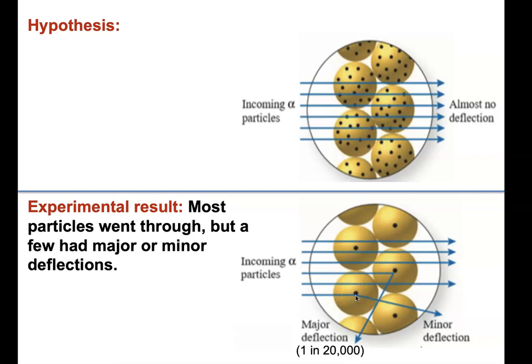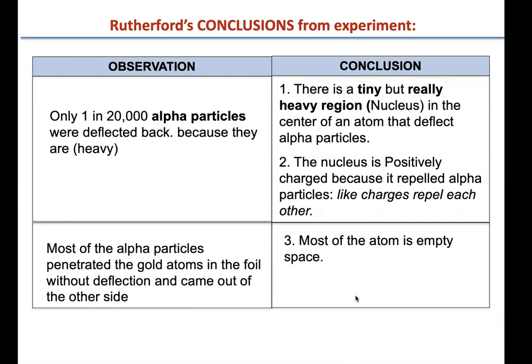Alpha particles are positive, so that's why when they hit only a positive particle, they would be deflected. Rutherford said this was the most incredible result he had ever seen. It was like shooting a tissue paper with a bullet, and somehow the tissue paper made the bullet come back towards the shooter.